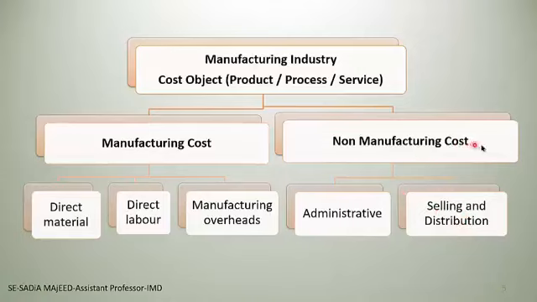Non-manufacturing costs are those costs which are not directly related to the manufacturing process, but definitely have to be paid by the firm, as these costs are essential to run the company. That is why it includes administrative and selling and distribution. We will further discuss the classification of the administrative cost and the selling and distribution cost.